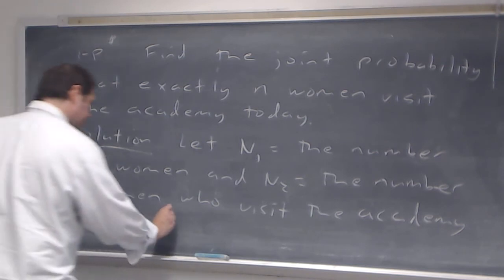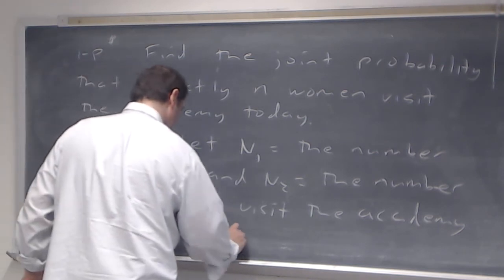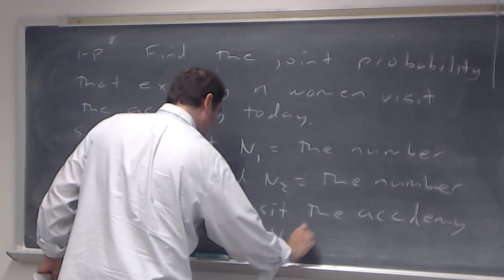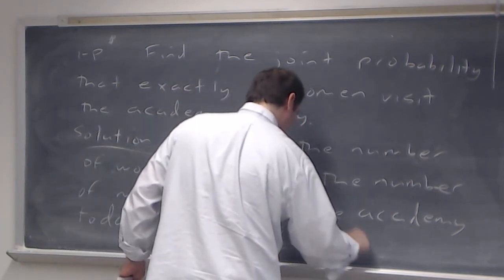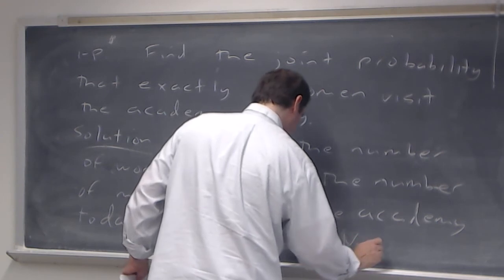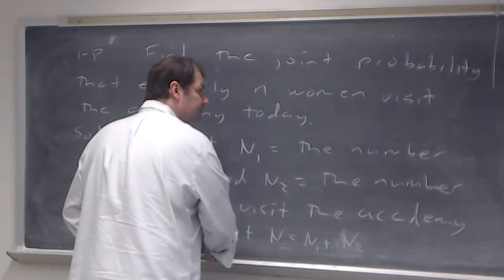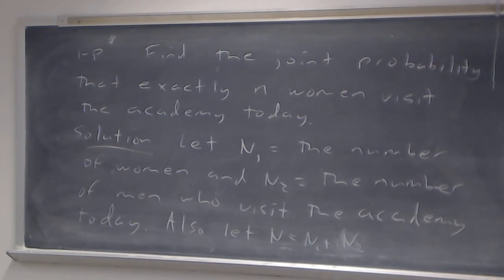Also let n be equal to n sub 1 plus n sub 2, and it's that random variable n that we're going to condition against to find the joint PMF.